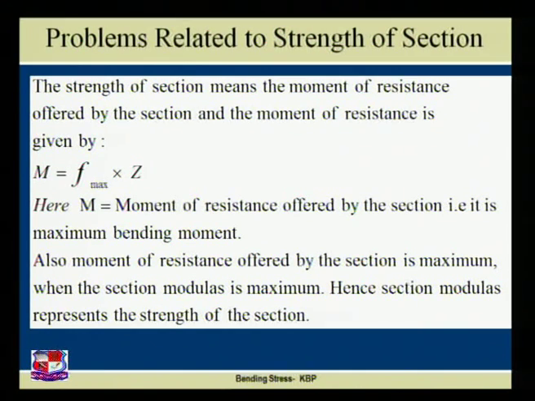Also, the moment of resistance offered by the section is maximum when the section modulus is maximum. Hence, section modulus represents the strength of section. So, with this general brief introduction, let us start with the solution of one of the problems.